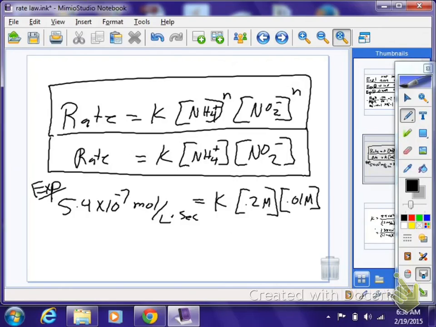That equals K times the concentration of NH4 in experiment 3, which is 0.2, and then I also put in the concentration of NO2 from that same experiment, which is 0.01. On this next slide, I will show you the setup to solve for K.